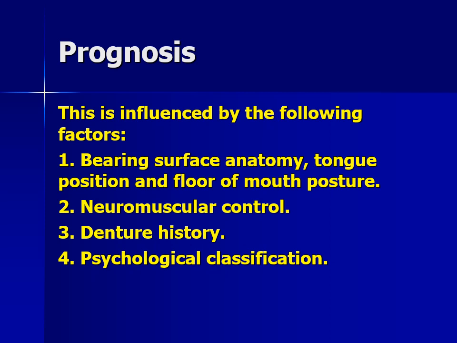And finally, the prognosis of the denture may be influenced by the following factors: the bearing surface anatomy of the denture mucosa, the tongue position and the floor of mouth posture, the neuromuscular control, the denture history, and the psychological classification of the patient, as mentioned earlier in the lecture.